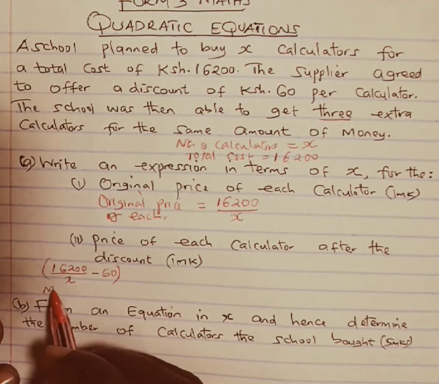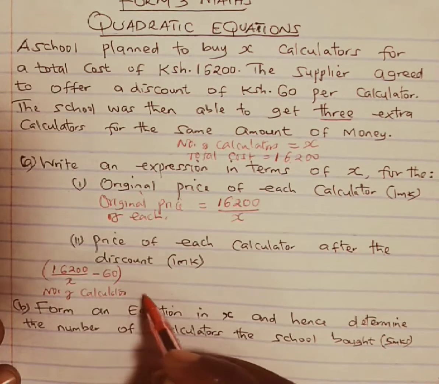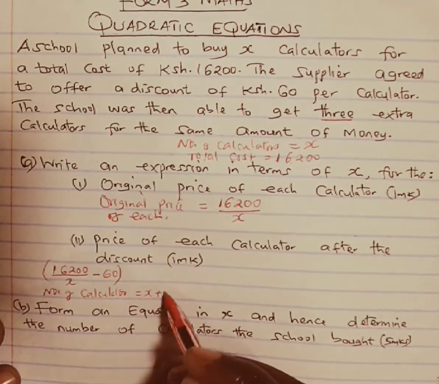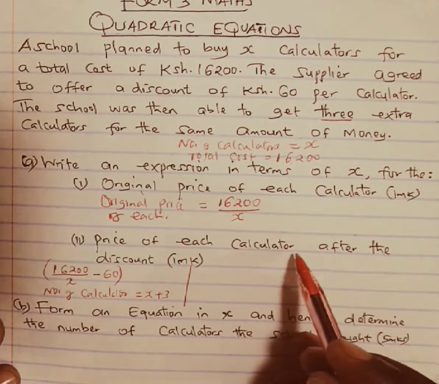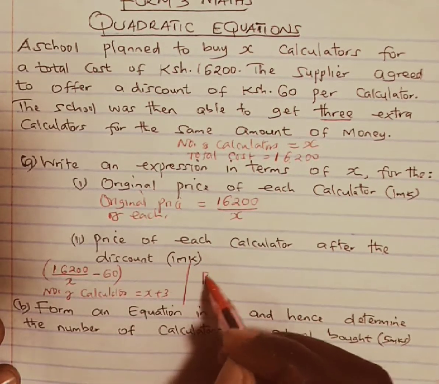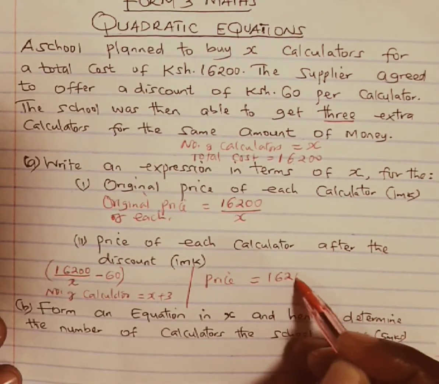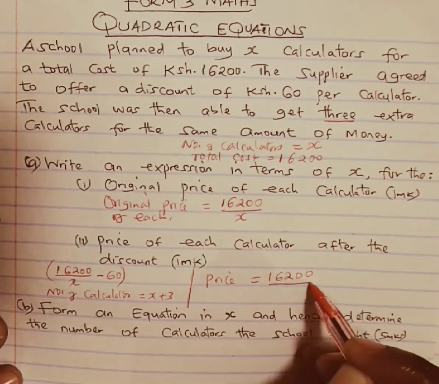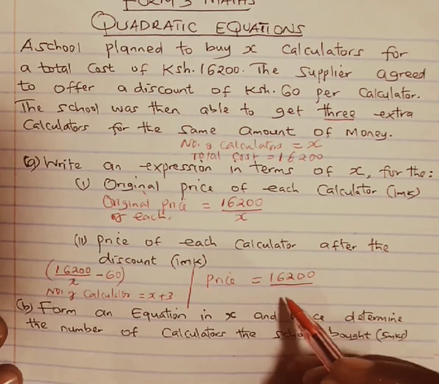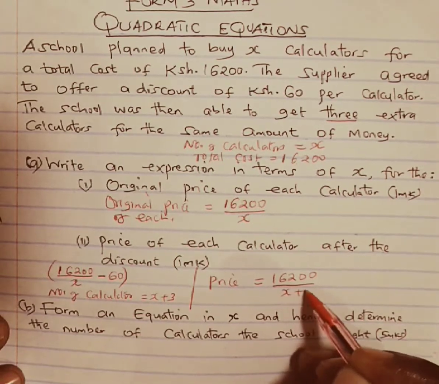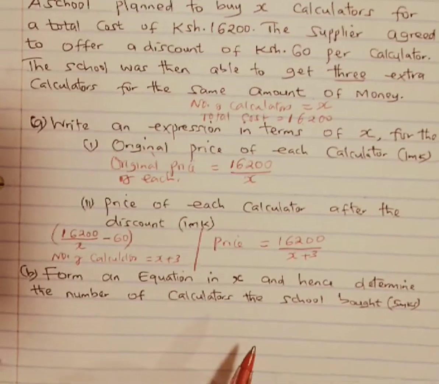So the number of calculators to be bought after the discount will be equal to X plus 3. But the question is the price per calculator after the discount. So the total to be spent is 16,200. You divide by the number of calculators bought after the discount, which is X plus 3, because we will be able to buy 3 more. Then we move further.